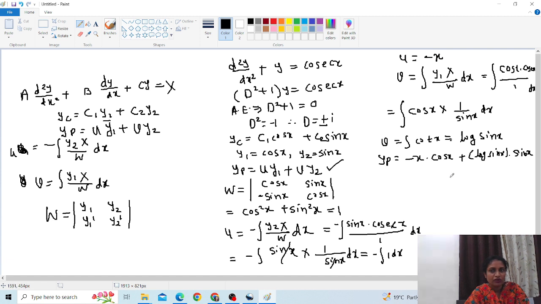You got the value of yp. Then finally write complete solution is y equals to yc plus yp. Add them. So from equation number 1 you will get yc. From equation number 2 you will get yp, and add them you will get the complete solution.